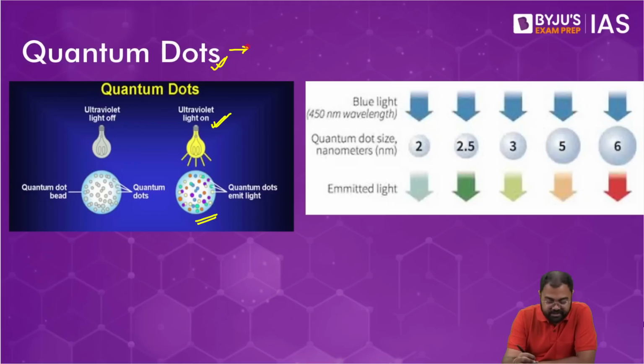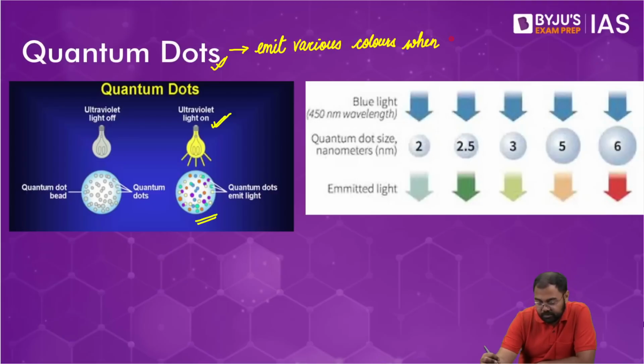So quantum dots emit various colors when ultraviolet light falls on them.